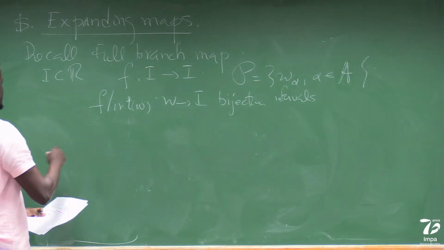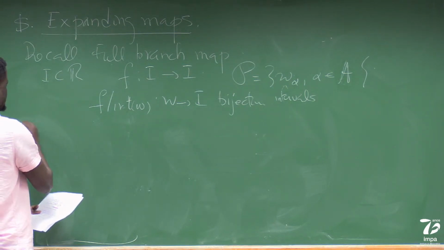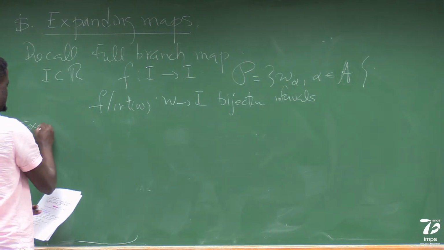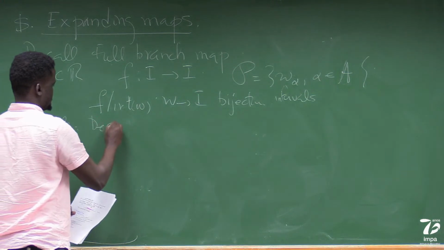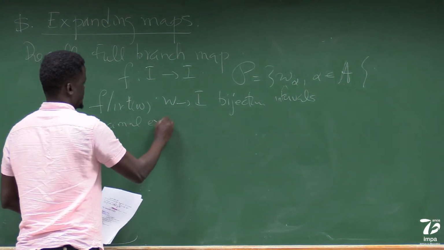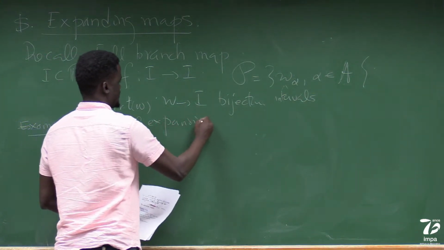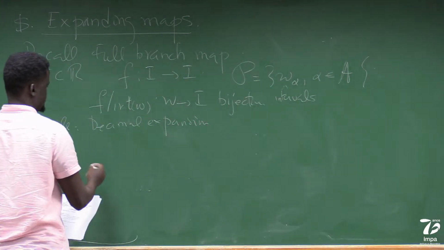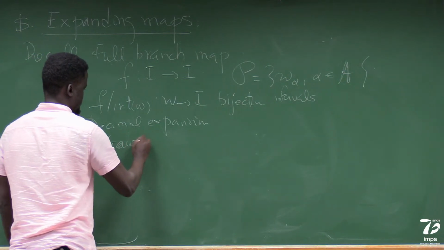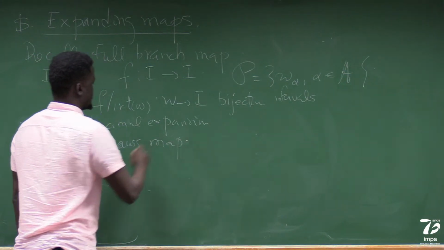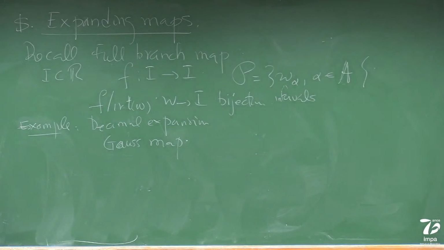If you want examples, we know the decimal expansion, and also the continued fraction expansion or the Gauss map. This is also an example, and there are many more.